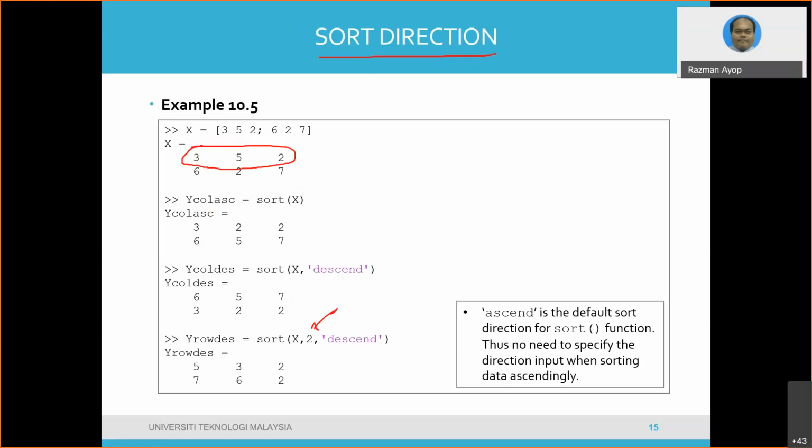So 3, 5, 2 means that 5 first and then 3 and 2. So 5, 3 and 2 descending. And then the second one is 6, 2, 7. So 7, 6 and then 2. Okay, that is how you use the sorting direction.